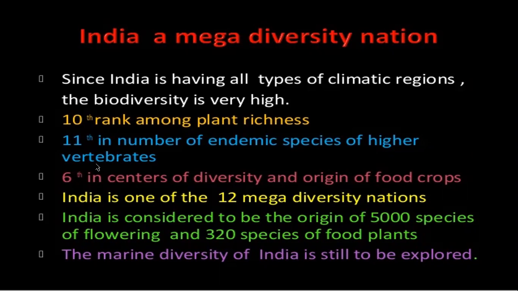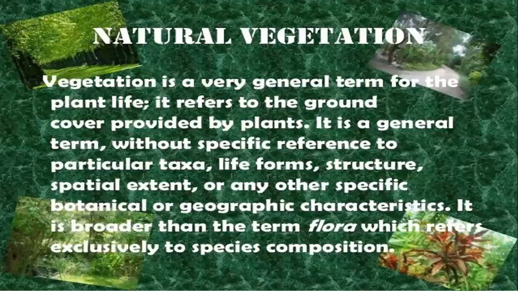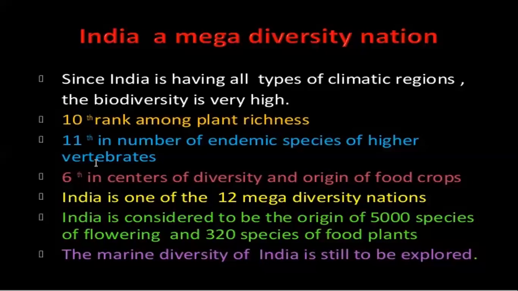So, our country is one of the 12 mega biodiversity countries of the world because we have 47,000 plant species. India also occupies the 10th place in the world and 4th in Asia in plant diversity.